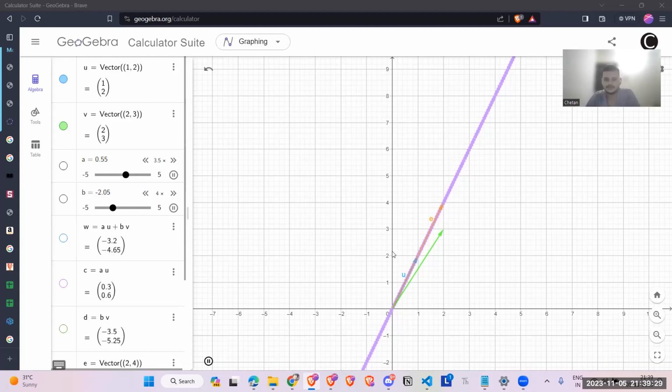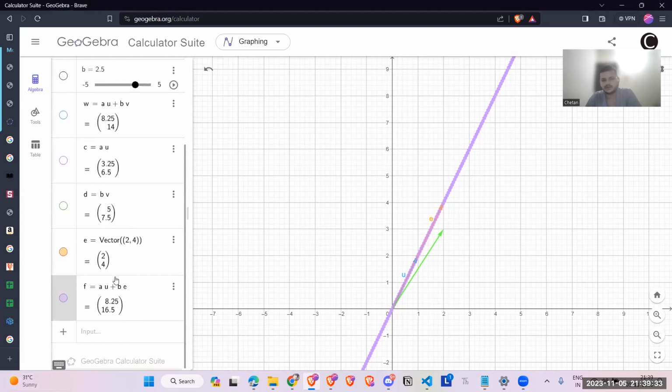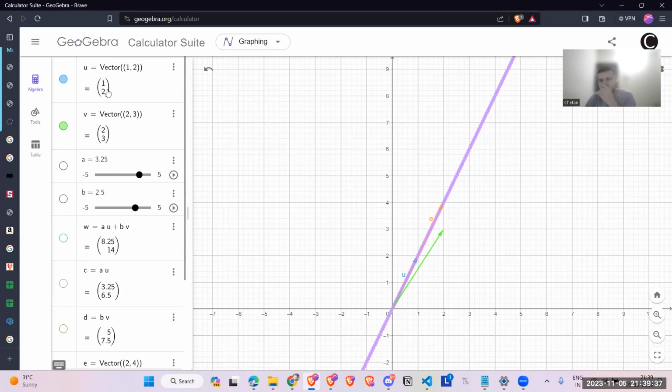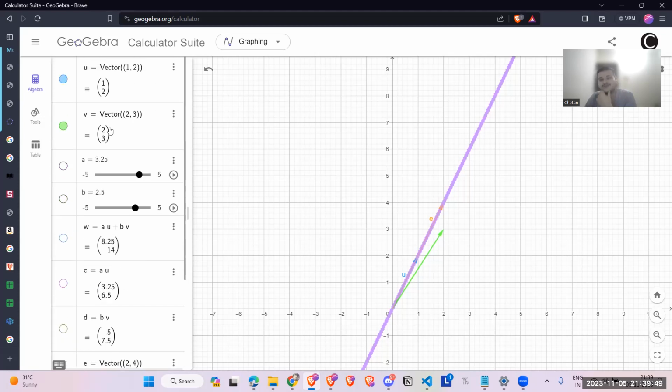Absolutely correct. You see that this vector that I plotted, 2 comma 4, is actually just 2 times this vector 1 comma 2. That means this vector lies on the line y equals 2x. In other words, this vector lies on the span of the vector 1 comma 2.